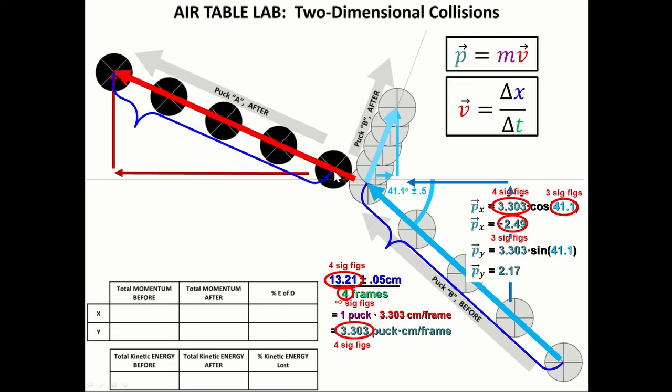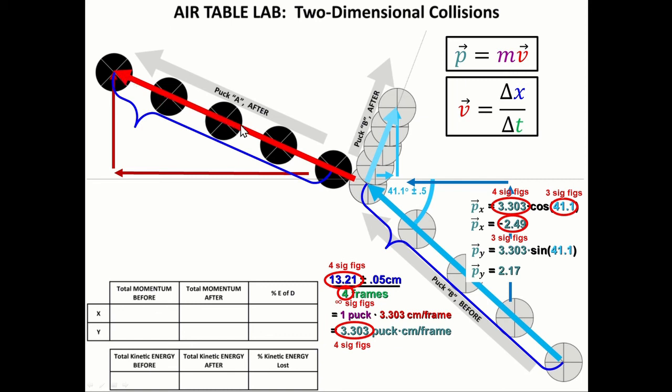A lot of students make mistakes here, where the distance the puck went is from the center of this puck to the center of there. So I would measure that distance in centimeters, and we have 1, 2, 3, 4 frames. Even though my line goes all the way down to my horizontal axis here, I measure from the center to the center to find the distance.